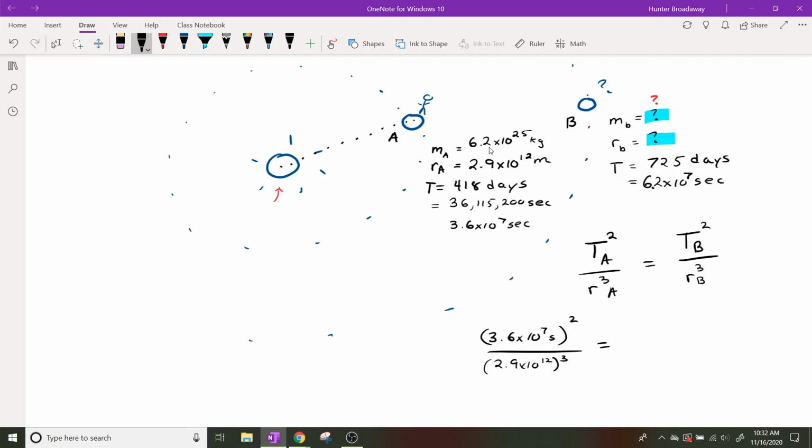And on the other side, the period is 6.2 times 10 to the 7th seconds squared, and the bottom part is what I'm looking for: the radius of B to the third power. That will tell me how far this planet is from the star itself.